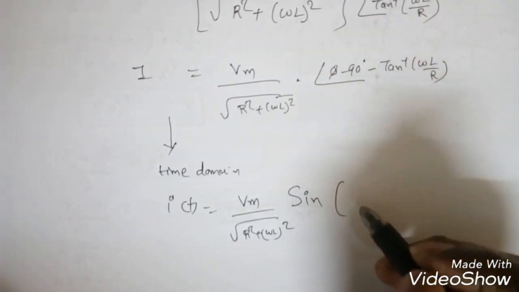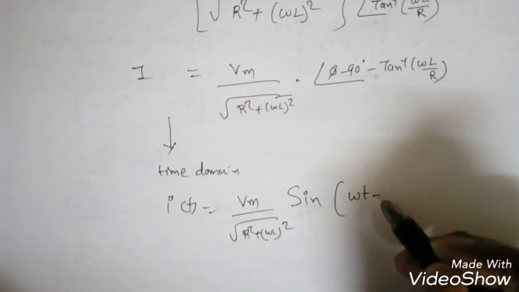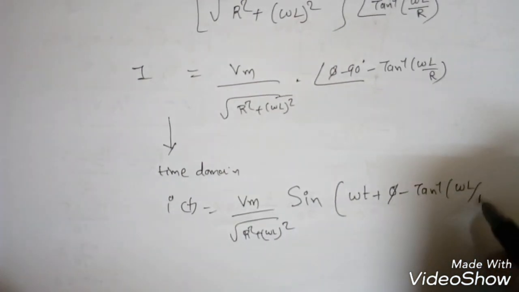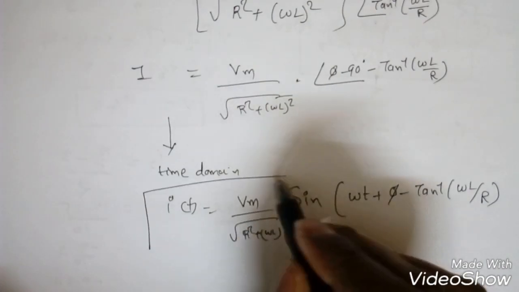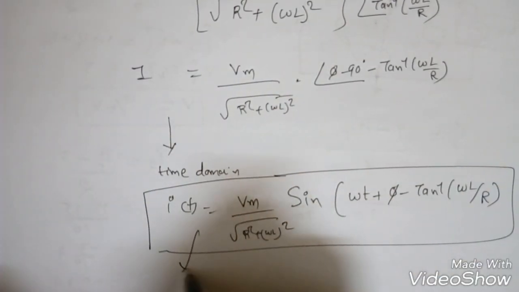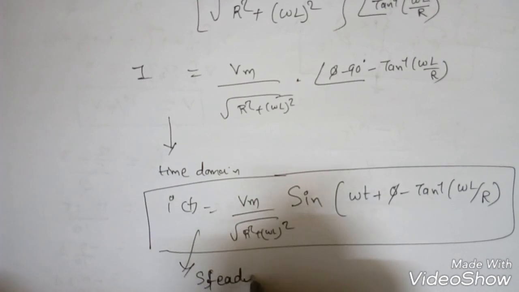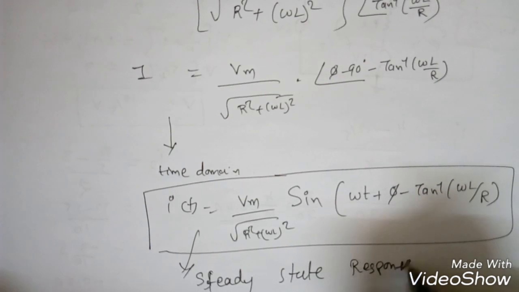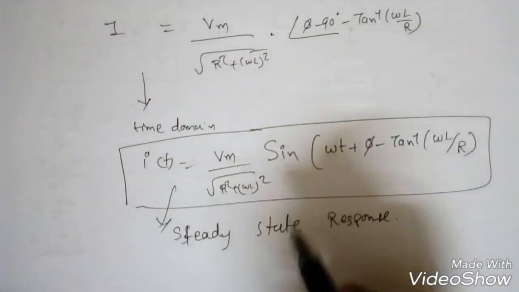Pi minus tan inverse omega L by R. So omega t plus pi minus tan inverse omega L by R is the current response. This response is called steady state response. In the exam they will ask to find the steady state response for the given circuit.